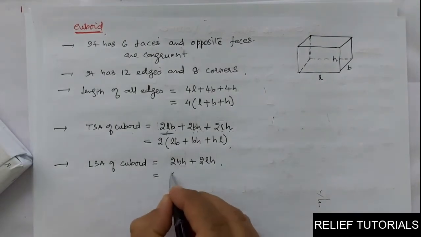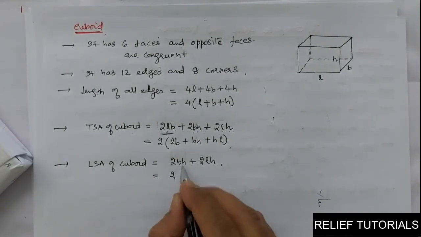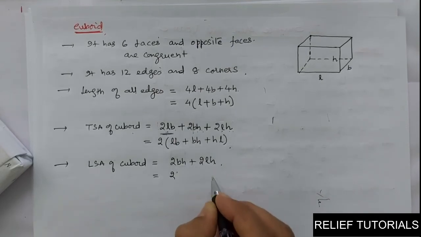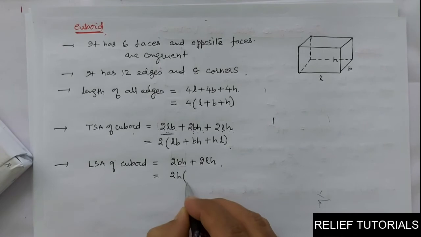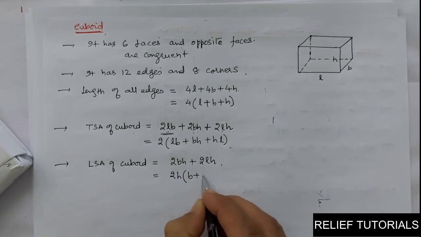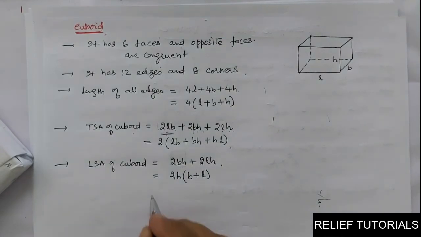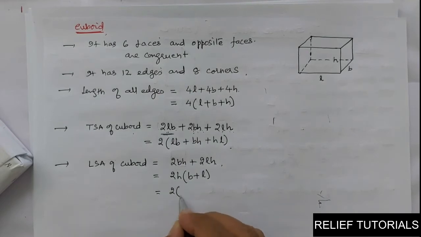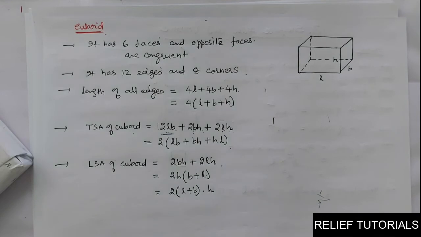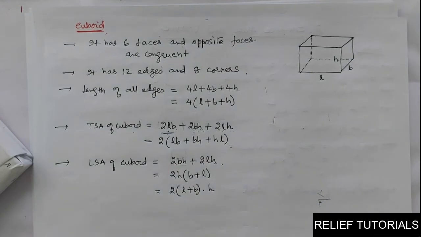So I will take 2 common. And what else is common? H is common. So 2H common I will take. So what is left here? B plus L. So I can write this way: 2 into B plus L into height. I can write 2 into L plus B into height.